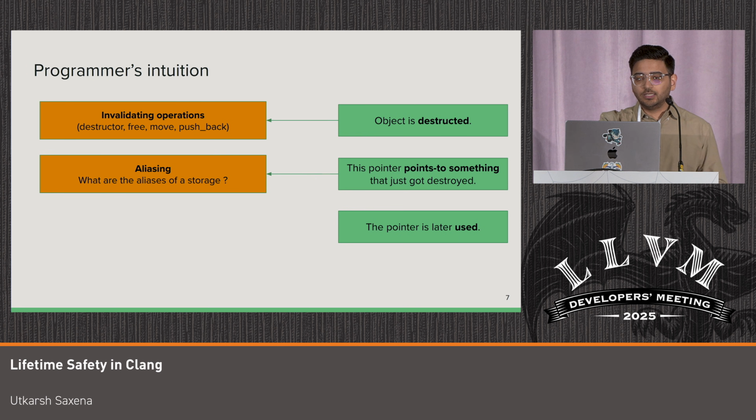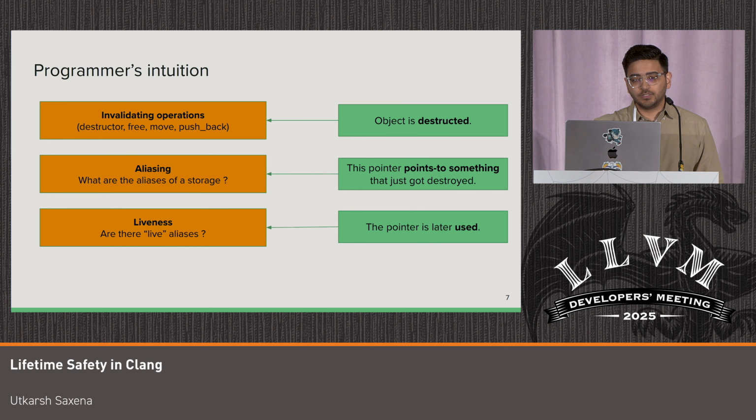So our next key interest is some sort of alias analysis, and we want to know what the aliases of a storage are. Next, we want to know whether the value held by an alias is later used or not. This can be answered by a liveness analysis, or the liveness of that alias. If that alias is live, it's probably a use after free.